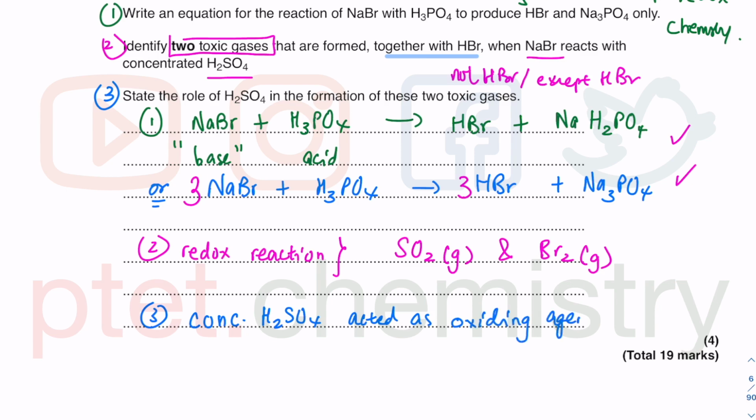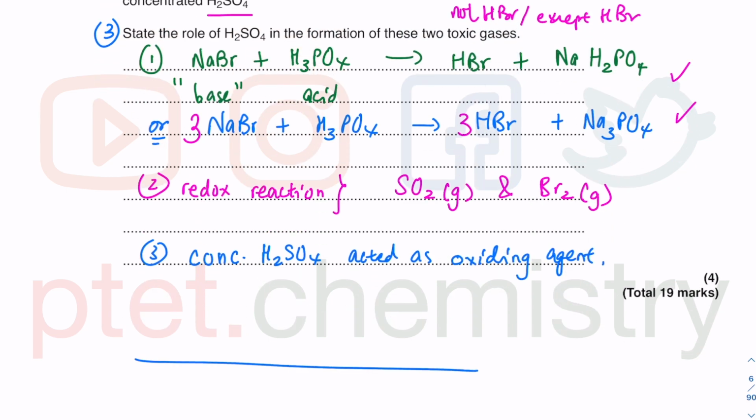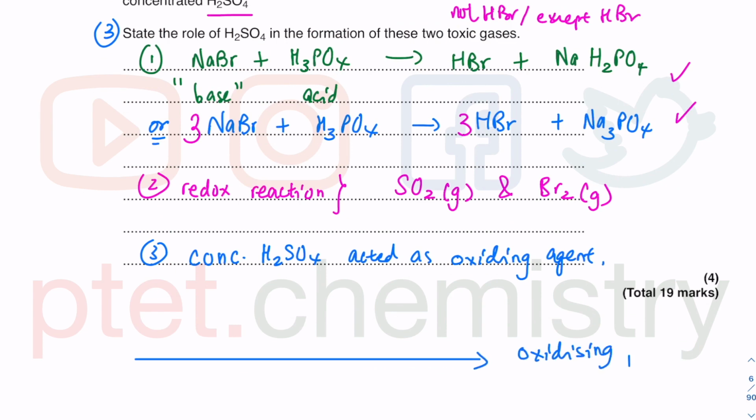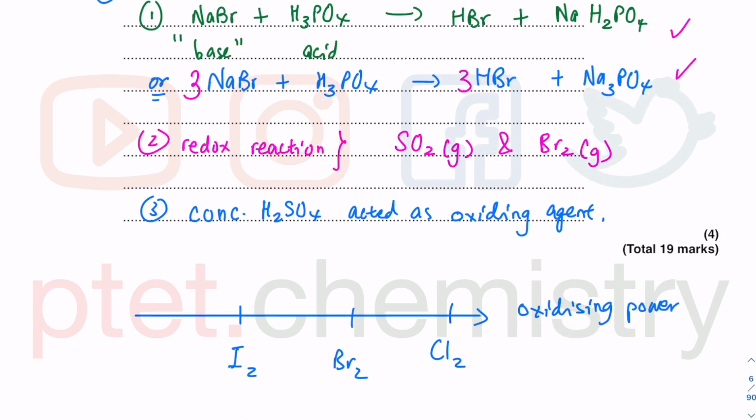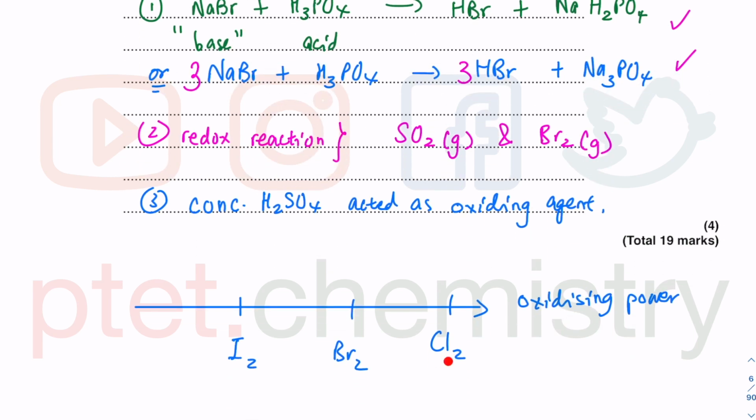Now in terms of group 7 halogen chemistry, we know about the oxidizing power of the halogens, because they are oxidizing agents. They themselves like to be reduced, they like to gain electrons. And that reactivity becomes less going down group 7, because it becomes less likely to gain electrons.